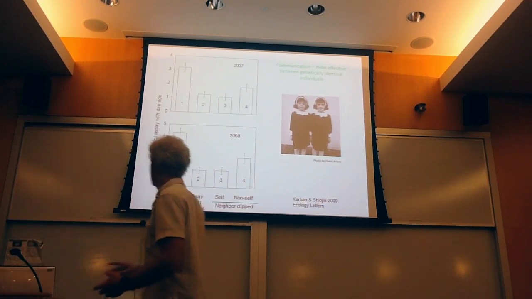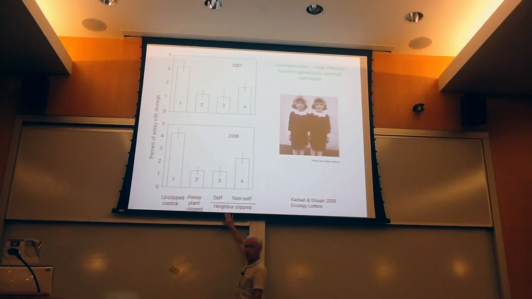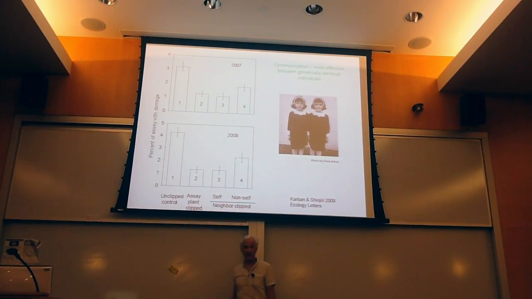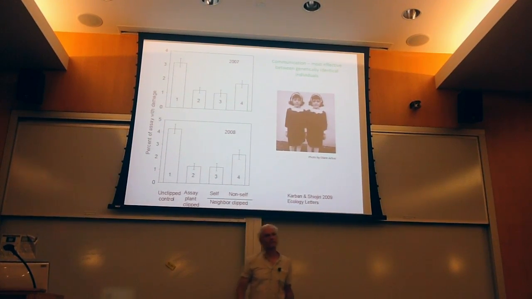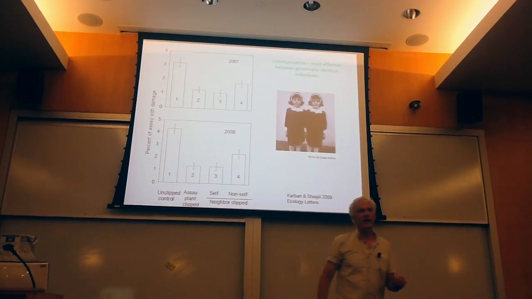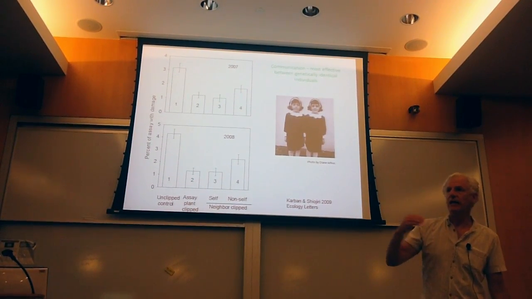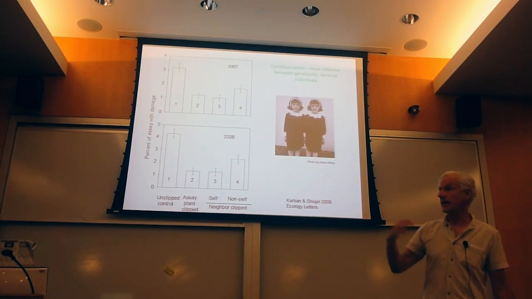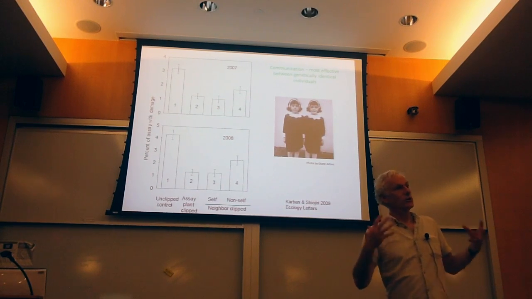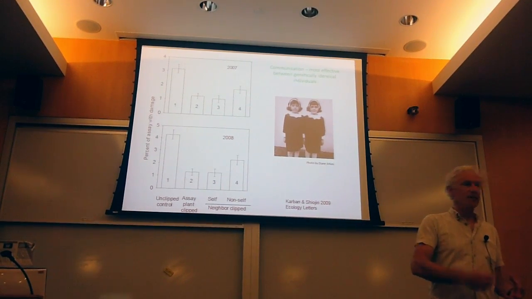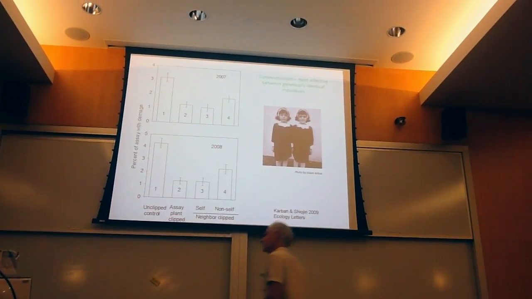And then the other 2 treatments are the ones that we're really interested in, the neighbor clipped ones, where that neighbor was either self, genetically identical, or non-self, genetically different. And what you can see is that communication was more effective when it was occurring between genetically identical plant tissue. So plants are better able to communicate with themselves than they are with somebody else. That's kind of cool.